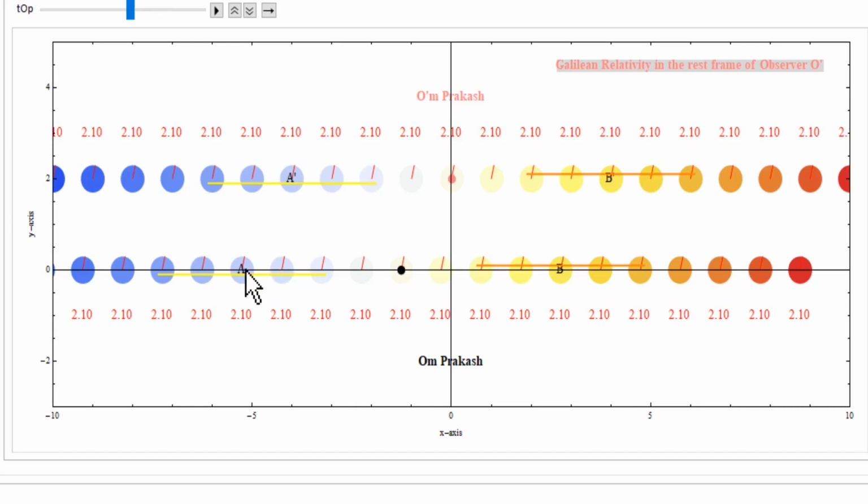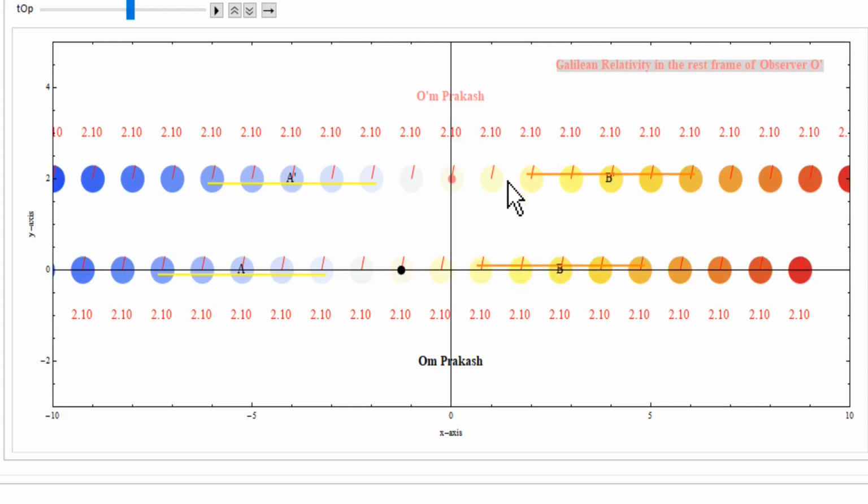However, when A emitted the signal, it was here, so this light beam has only traveled a smaller distance as seen by the train observers and appears to be traveling more slowly. This is because it has the relative speed of the platform subtracted from it. Similarly, the light beam from B appears to have a speed greater than the speed of light because it was emitted from here, and it now has the speed of the platform relative to the train added to it.